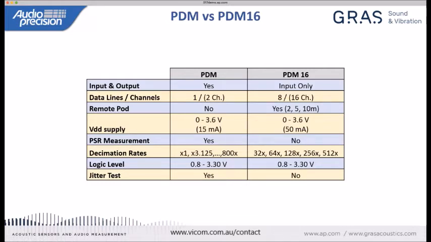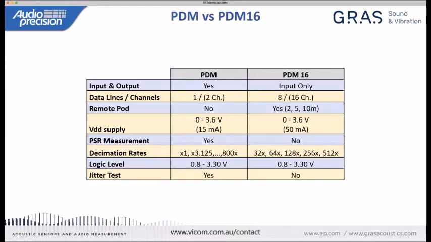So apart from the 16 input channels, the other noteworthy thing is that the PDM-16 module uses a scheme that allows for a very long cable between the front panel of the analyzer and the location where you're actually measuring a microphone.